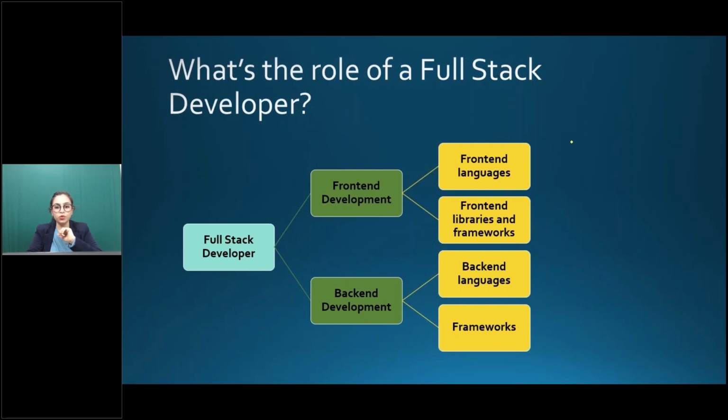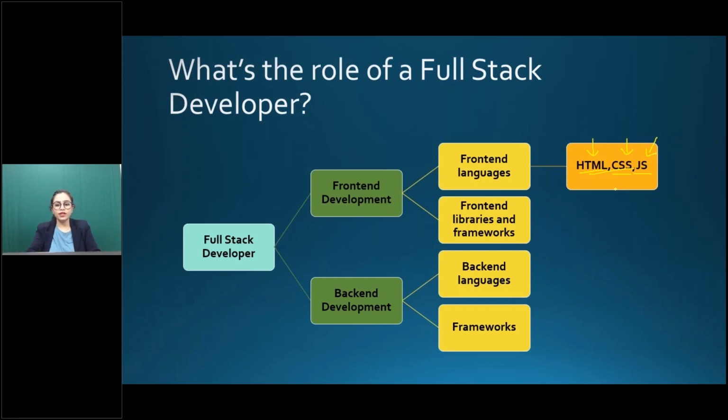So let me tell you what kind of libraries we have. Just see, front end languages, you already know, like HTML, CSS or JavaScript. This is the markup language, this is the styling language, this is the scripting language. So using that I can create my front end with a better look and feel, simply I can say.